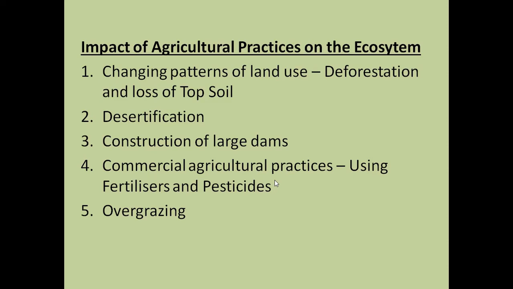Point number three, construction of large dams. Now, this construction of large dams also causes a negative impact on the ecosystem. How can it cause a negative impact on the ecosystem?